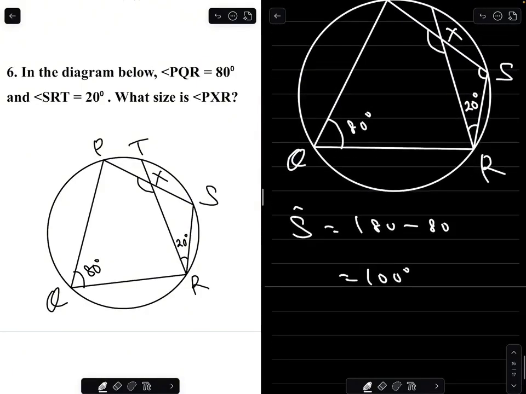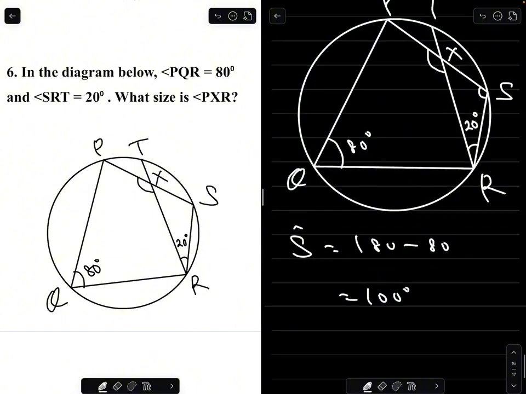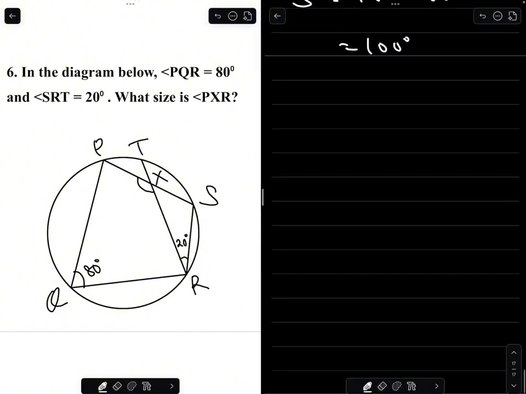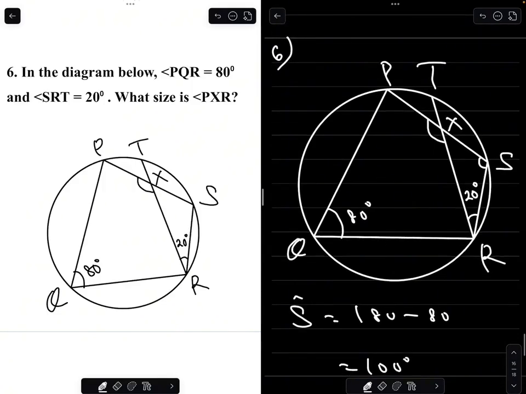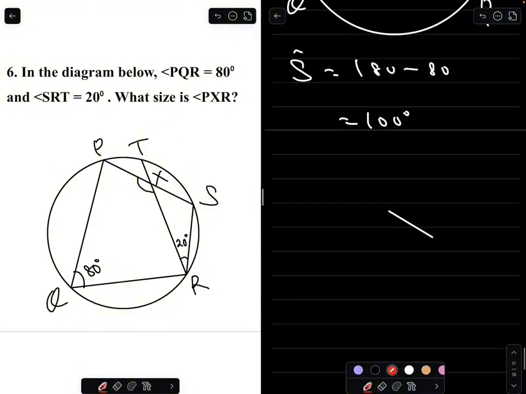Let me bring out that triangle. I'm bringing out triangle SXR, and this is what it looks like.